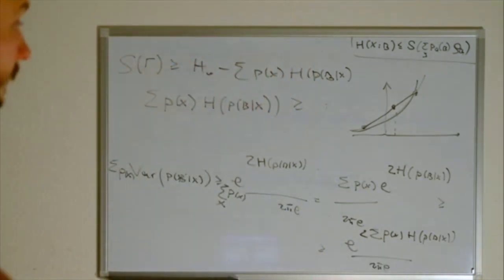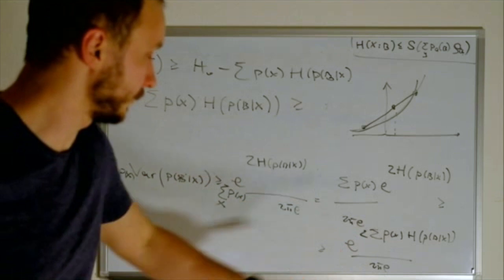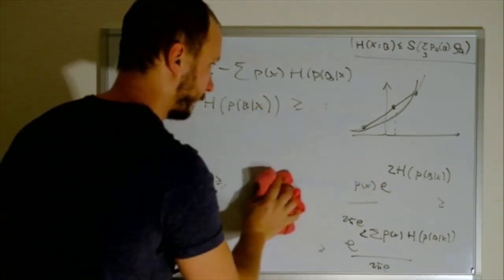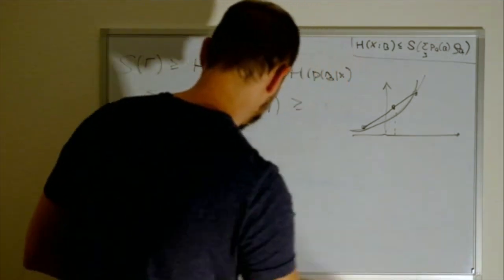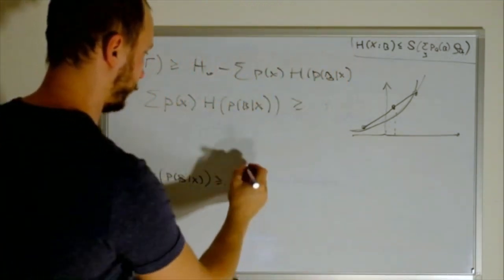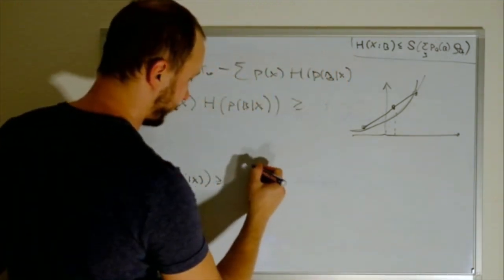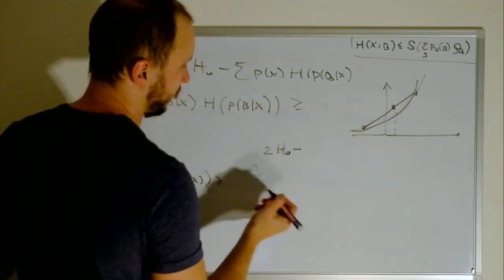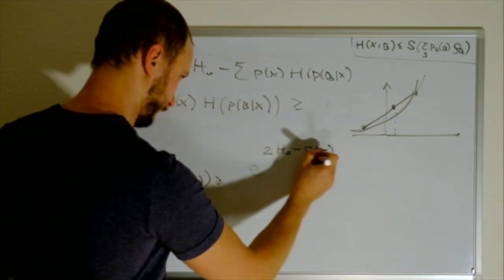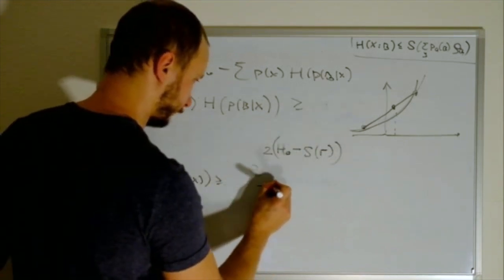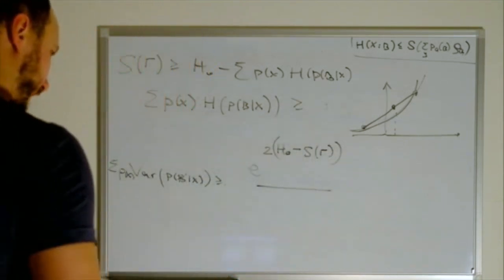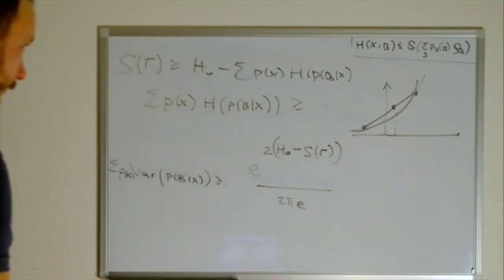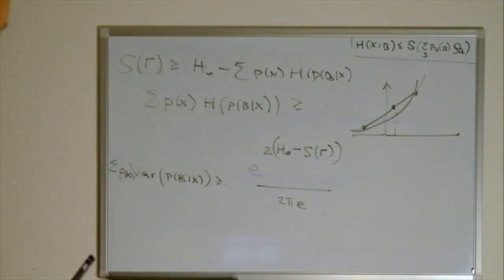And this is something we know how to bound, because we bounded this by whatever quantity. So, in summary now, this thing, if we use it again, is just bounded by exponential of 2 times h0 minus S of gamma divided by 2πe. Yes?